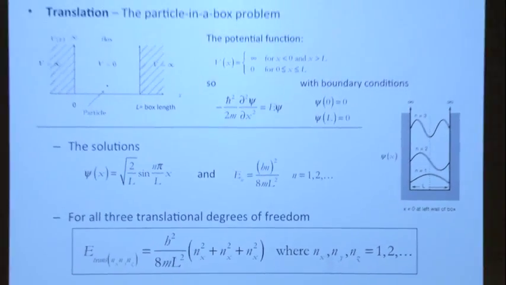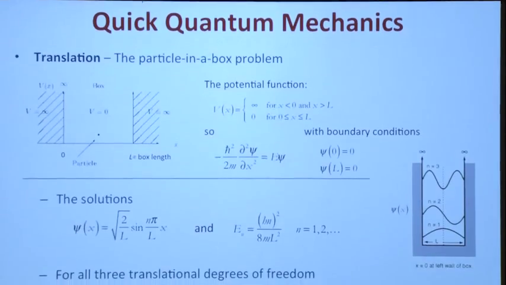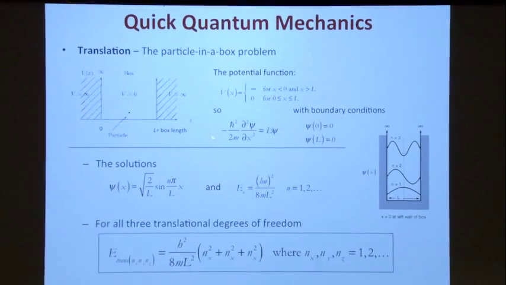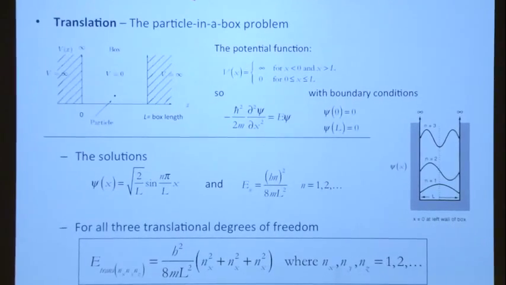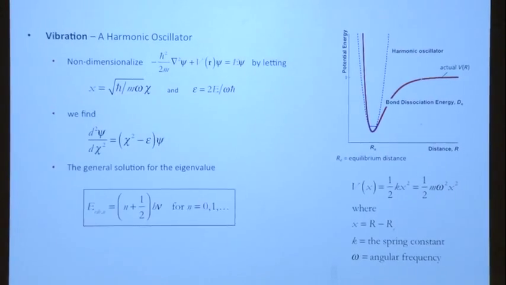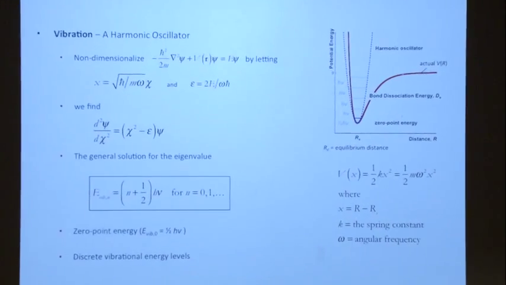Term by term, we derived this equation for the particle in a box problem in 1 dimension and in all 3 spatial dimensions. We also derived the equation for energy levels for a harmonic oscillator.